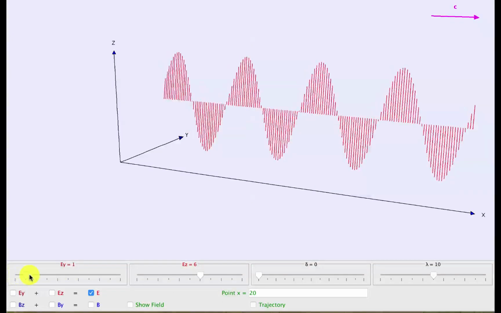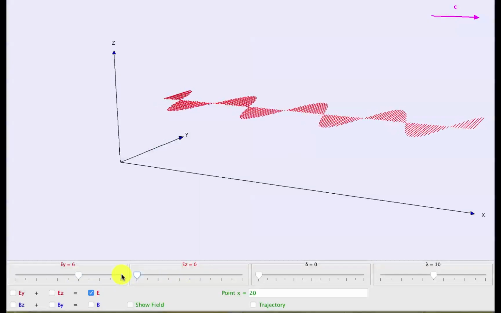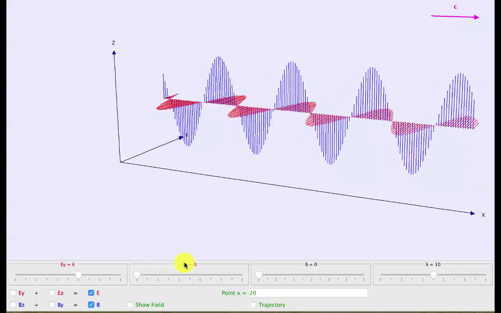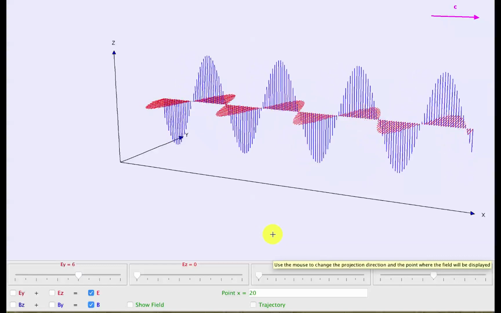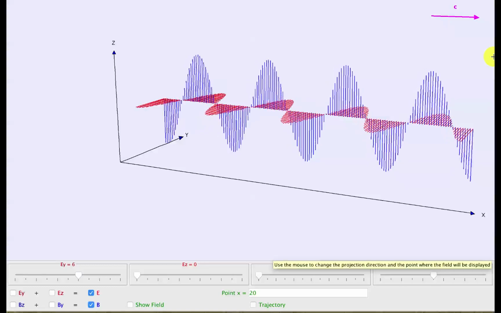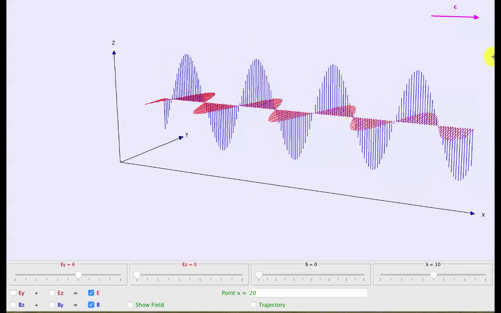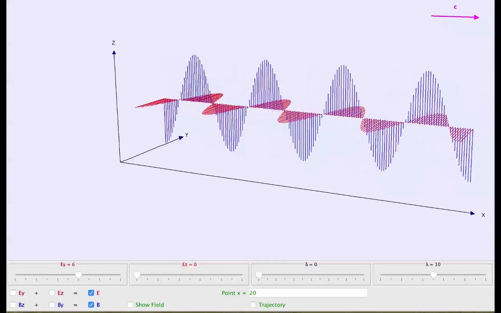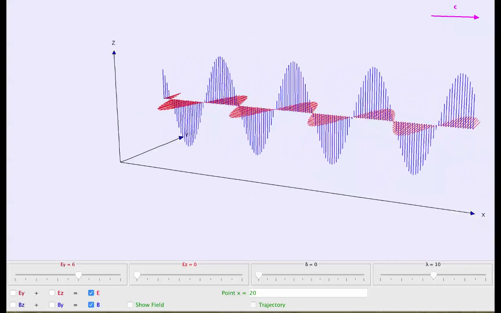Now let's go back to the y-polarized wave and now look for the B field as well. So, as explained earlier, again, you have a wave that's moving in the x direction. The electric and the magnetic fields are perpendicular to each other. You see that the magnetic field, which has been colored blue, is perpendicular.